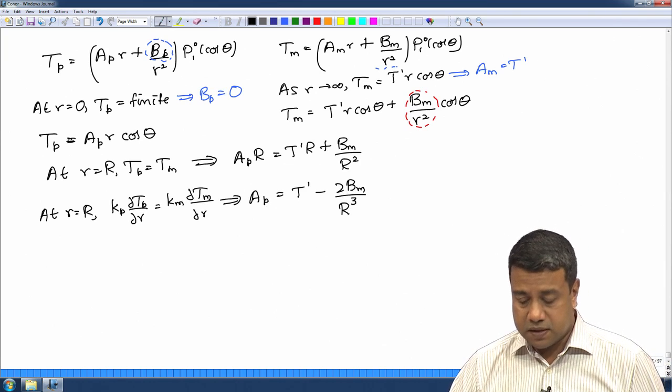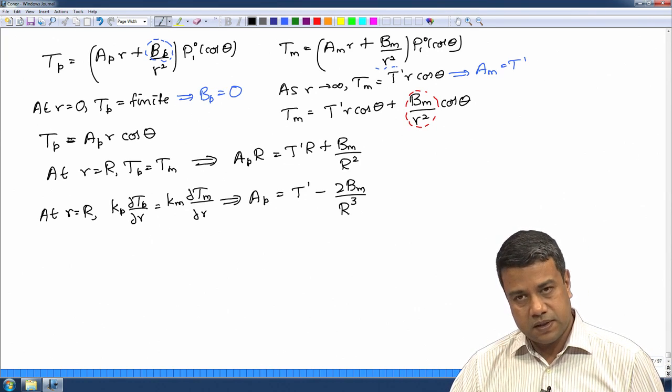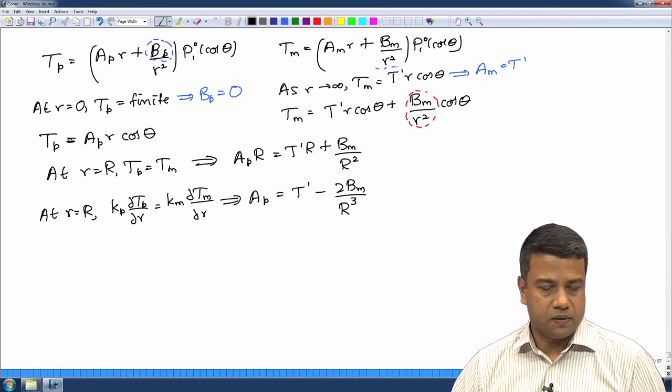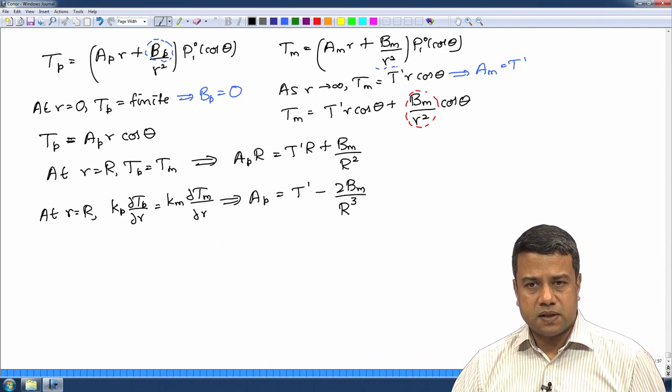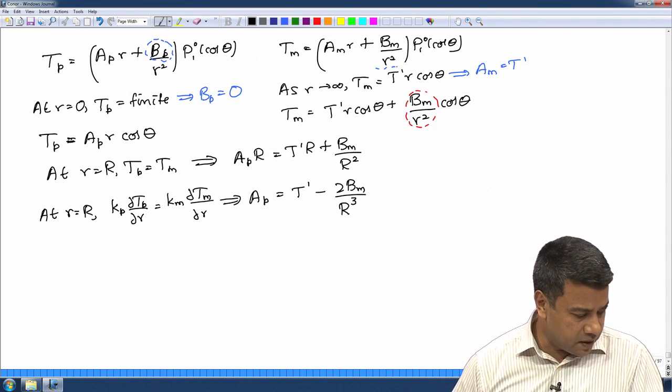So, you can solve these two equations to find what A p and B m are. The solutions are quite straightforward, you just have to solve these two simultaneously.